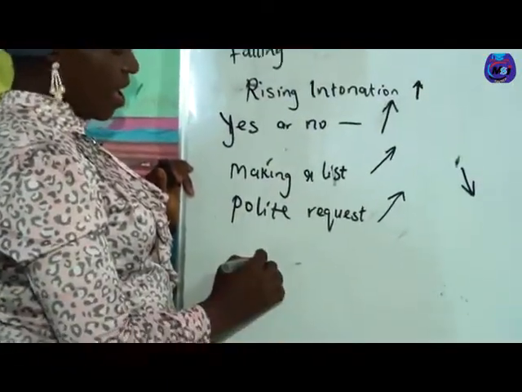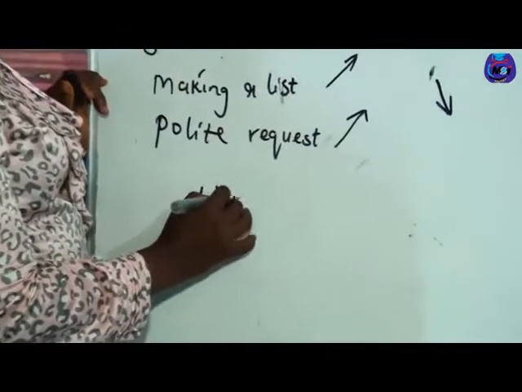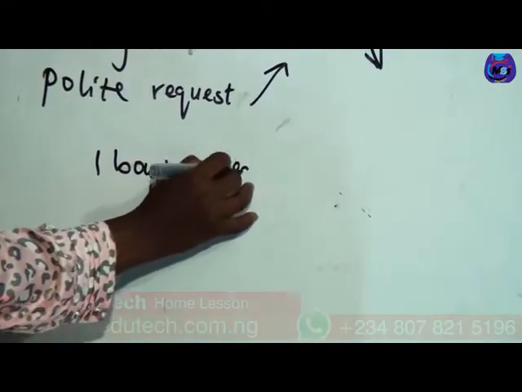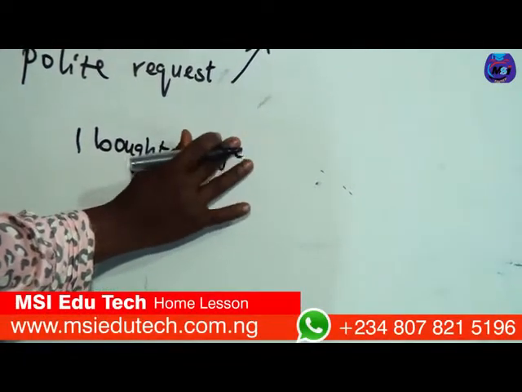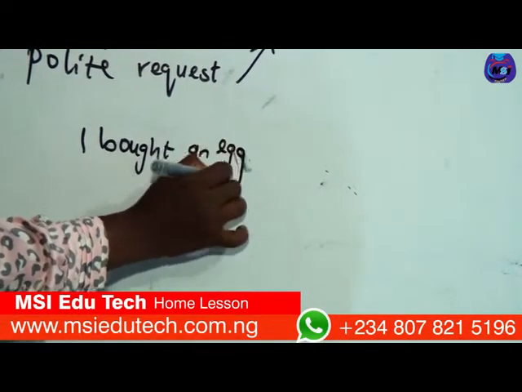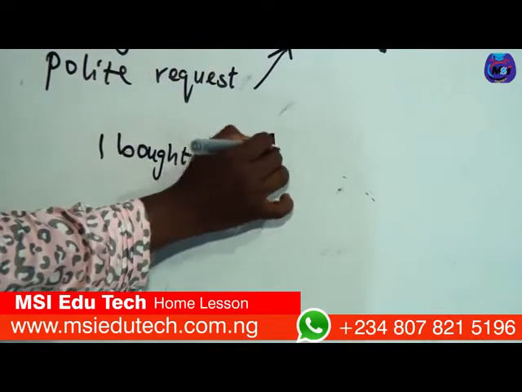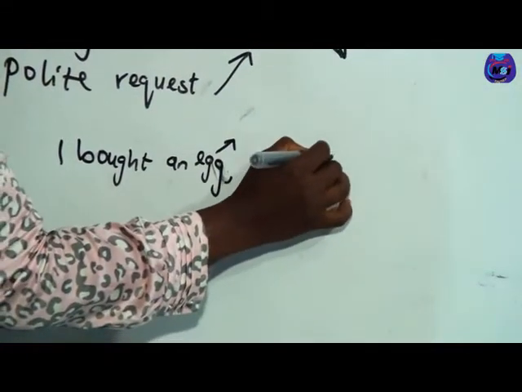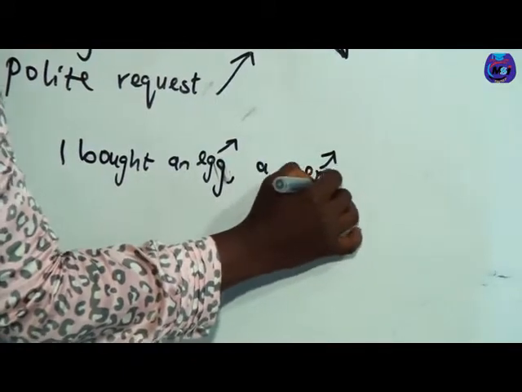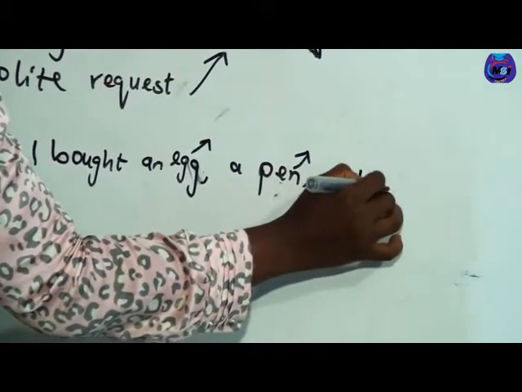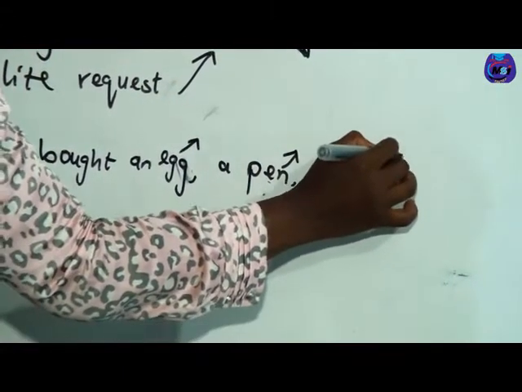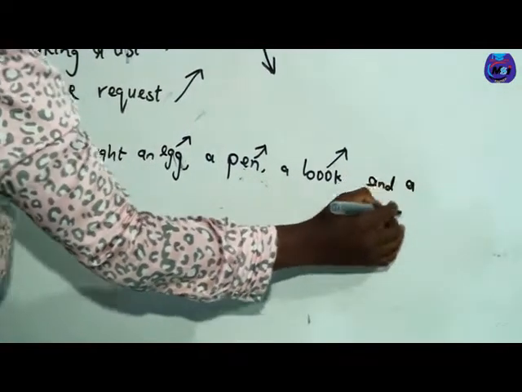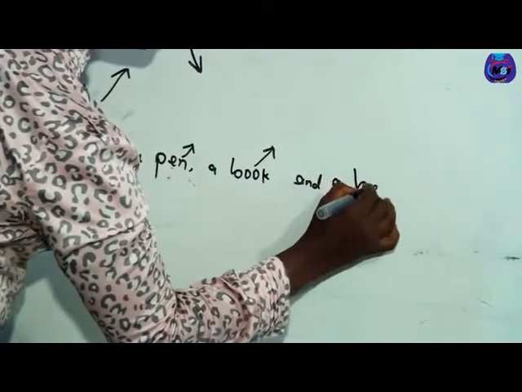I bought an egg, a pen, a book, and a hen.